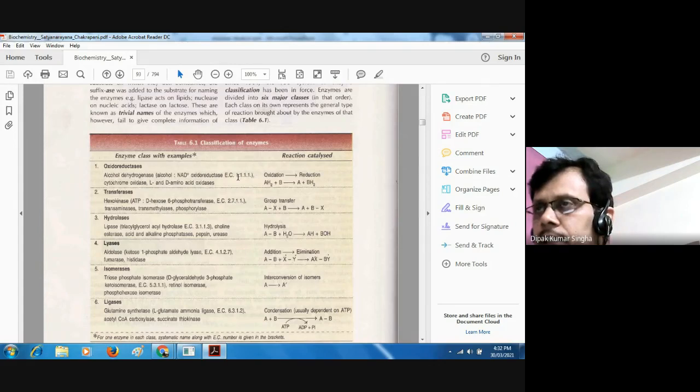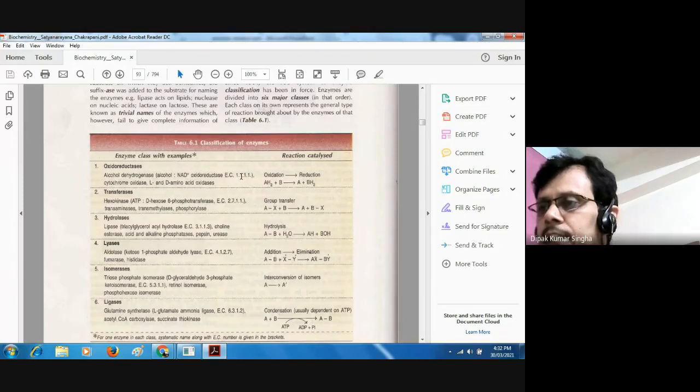I discussed just 6 major classes, so this major class digit is 1 to 6. 1 means it is an oxidoreductase type of enzyme.